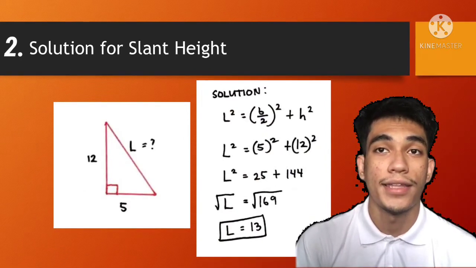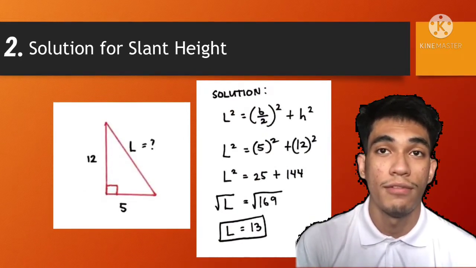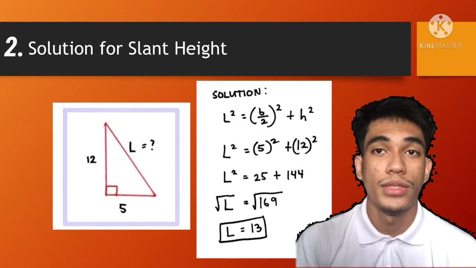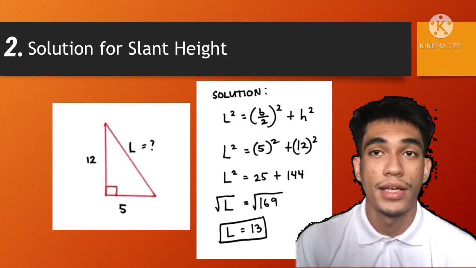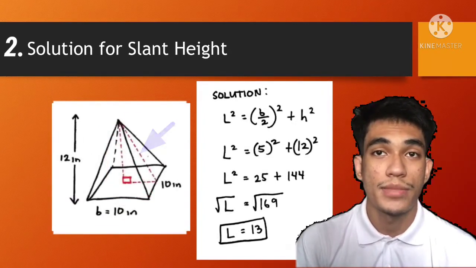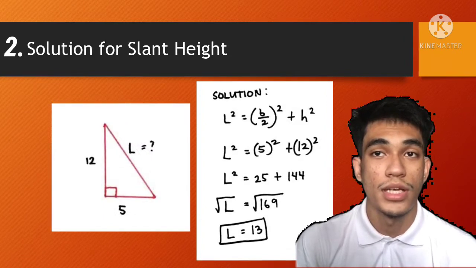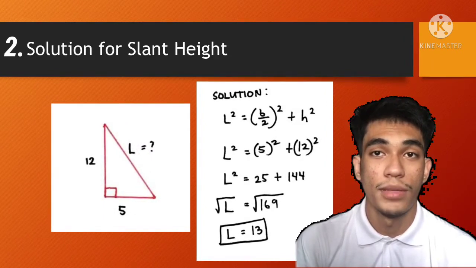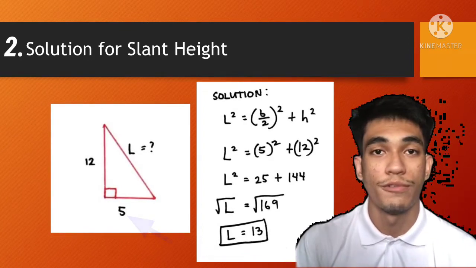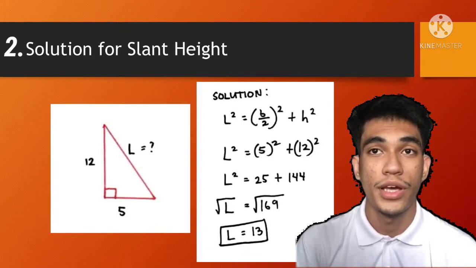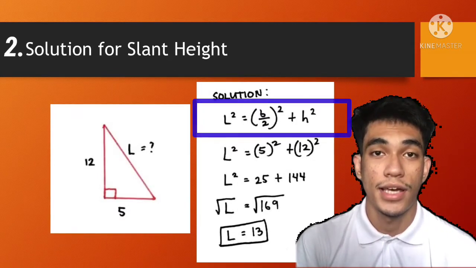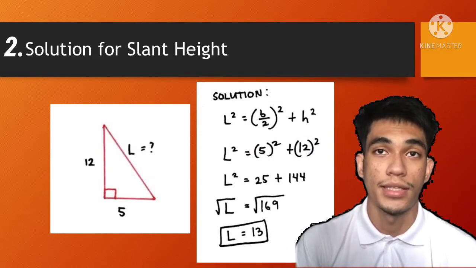Now we have the height of the triangle, which is 12, and the base, which is 10, and we know that this red dotted line has to be at the center of the pyramid. Therefore, the base must be half of 10 because this is the midpoint of the pyramid, so we put 5 instead. From this point, we can use the Pythagorean theorem to find the slant height.